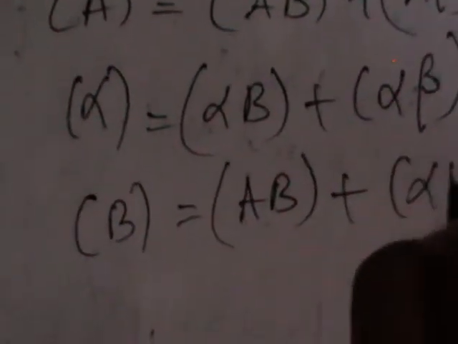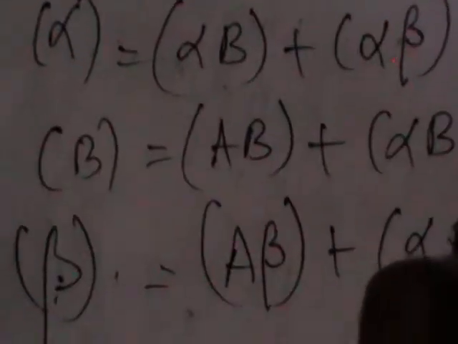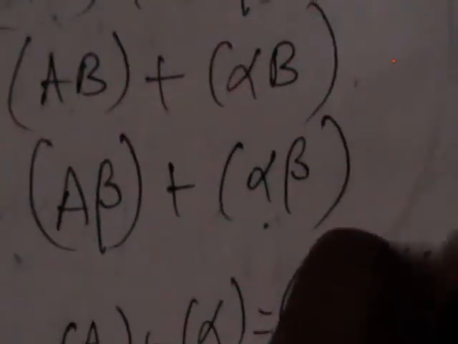How do you get B? AB plus alpha B. How do you write beta? Beta is A beta plus alpha beta. How do you get N? As I said, N is a combination of these two or these two: bracket A plus alpha, which is equal to bracket B plus beta.